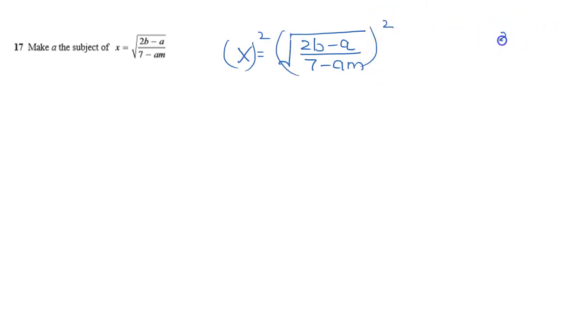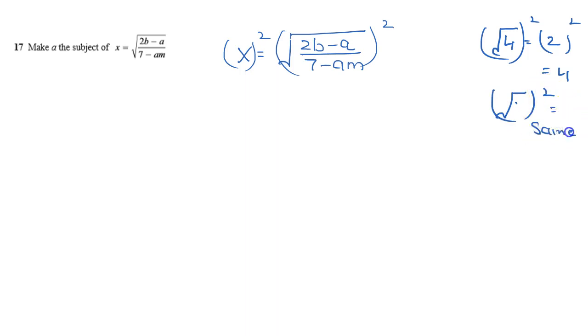For example, let's take 4. Root of 4 is 2, but when we square it, we get 4. So root and square are reciprocal to each other, and we get the same thing. So this is a root and the square.